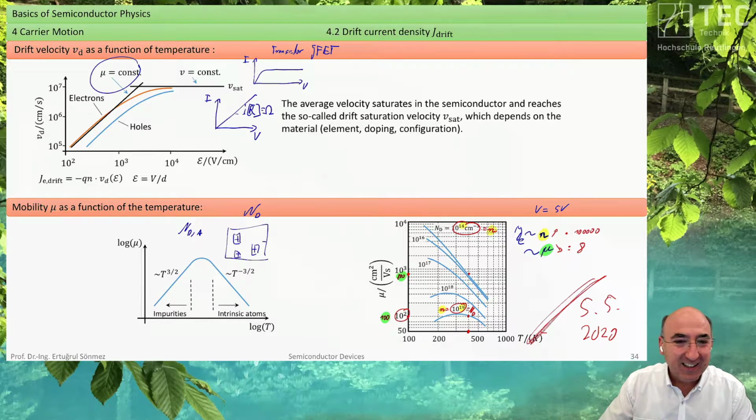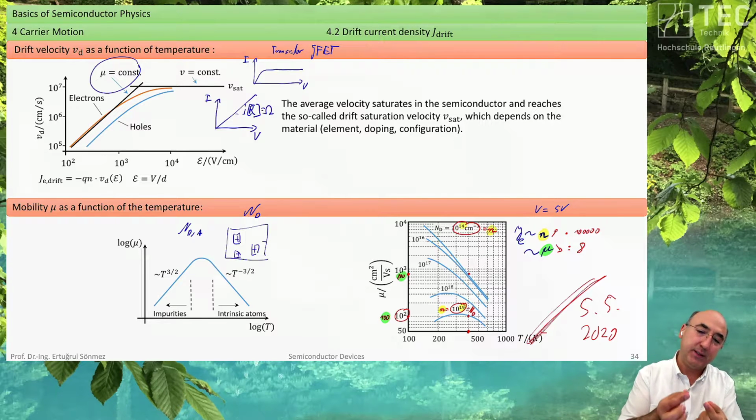Okay. We have had the topic in the last lecture about carrier motion. I want to wrap up where we are from the beginning. So we have silicon, then we have silicon crystal, putting it together.